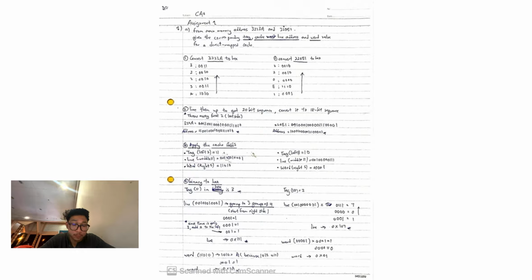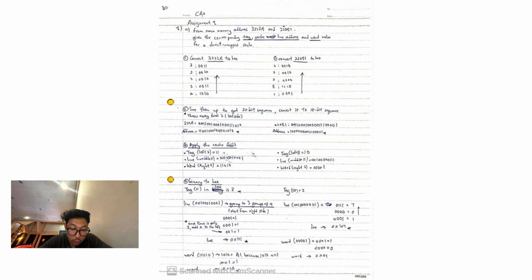As you can see in my answer sheet, we get the binary code, and you'll get a 20-bit sequence from these addresses.